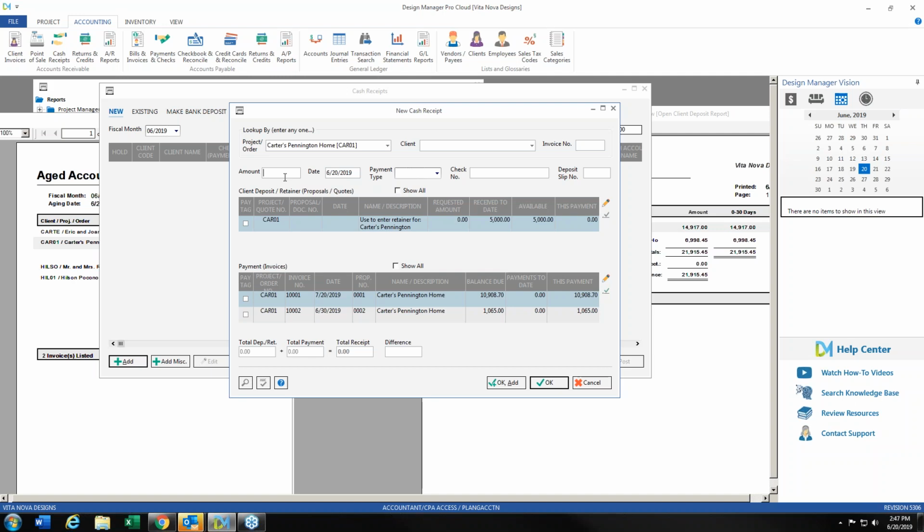So think about it like this, okay? You're not really receiving any money today from the client, okay? You're just trying to fix the outstanding issue. So under amount, you want to put 0.00, because if you think about it, I'm not receiving any money.